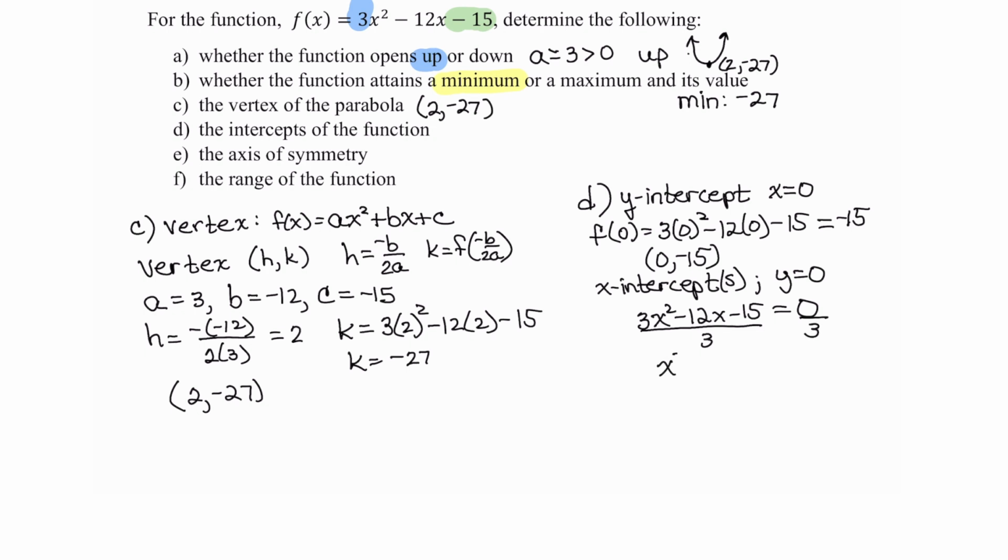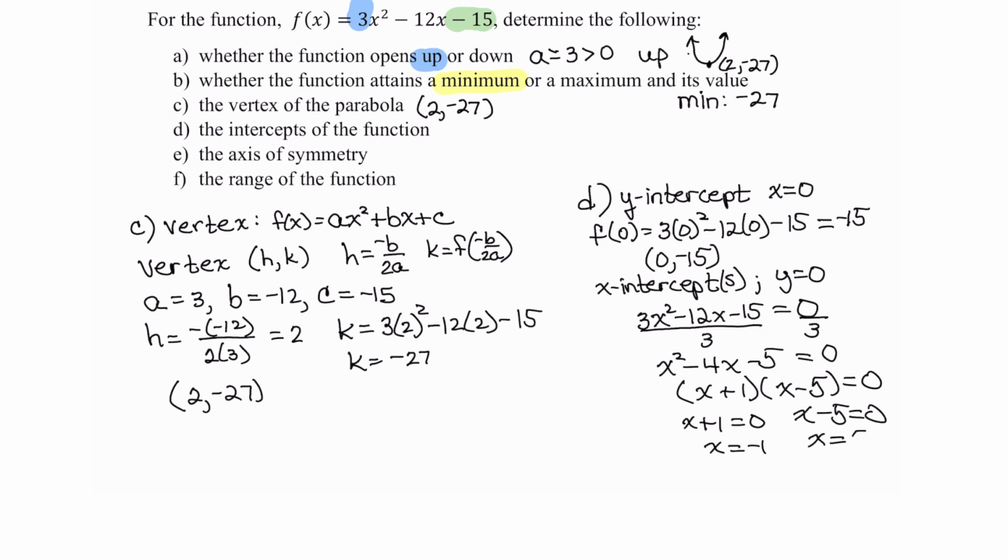So this gives me x squared minus 4x minus 5 is equal to, and 0 divided by 3 is still 0. And then I can see that is factorable. That's x plus 1 times x minus 5 is equal to 0. And then setting each factor equal to 0 and solving, I get x is equal to negative 1 or x is equal to 5.